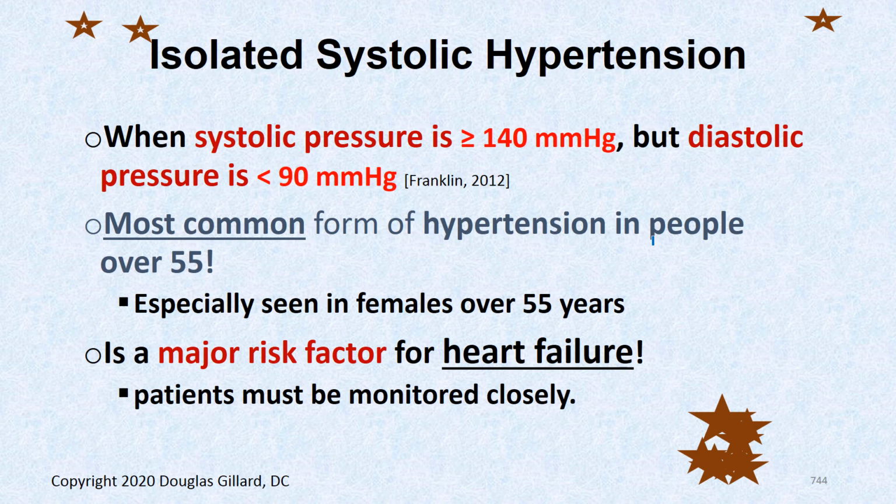This is the most common form of hypertension in people over 55, especially in females over 55. They have to be watched. It's almost better to have systolic and diastolic hypertension than this one, because there are studies that show they have a higher chance of having heart failure. So they should be on meds to lower that pressure.